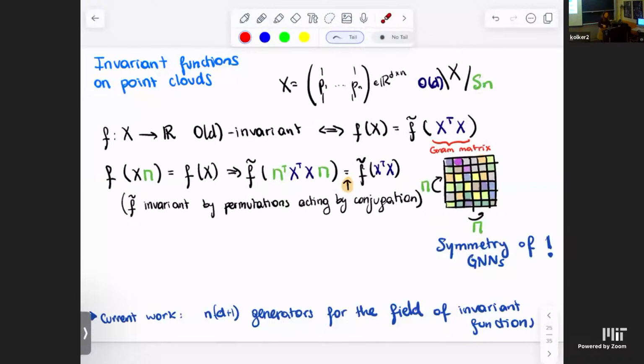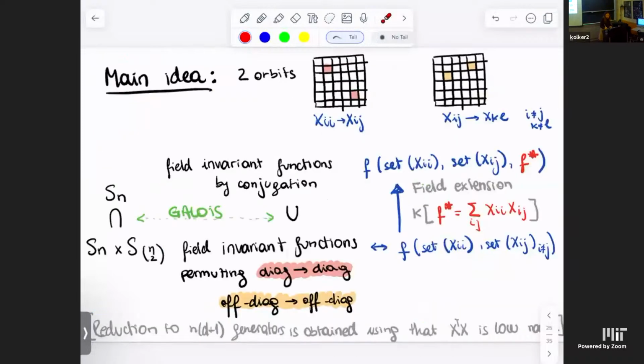There's some work where we can use some mathematical tricks to write the invariant functions with respect to this group action using Galois theory, which basically comes to this.